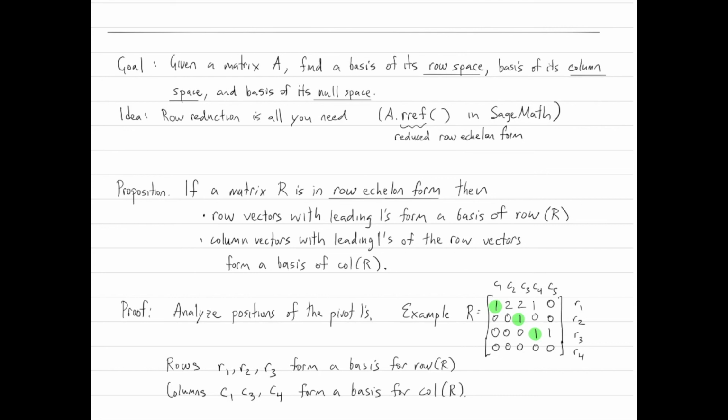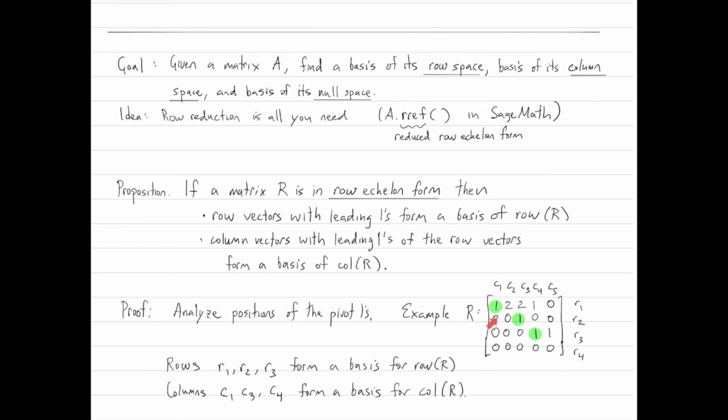So if we add some number times the first row plus some number times the second row plus some number times the third row equaling 0, when we add that all up, the component in the first position would be whatever number we multiplied the first row by times 1, which will just give back that number.